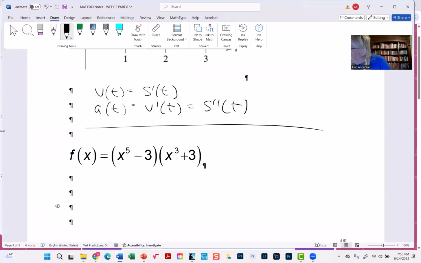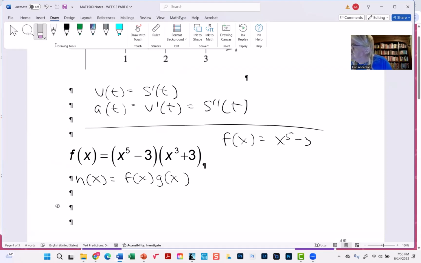So let's rewrite this as h of x is f of x times g of x. And that means that f of x is x to the fifth minus 3. f prime of x is 5x to the fourth.